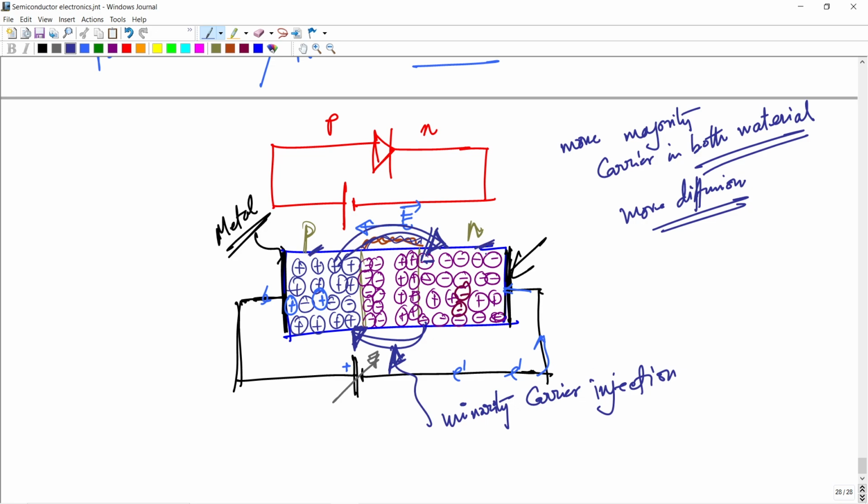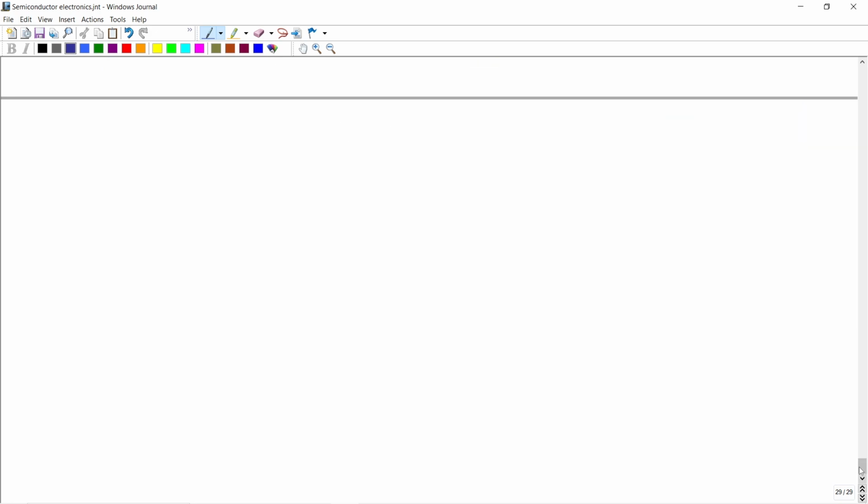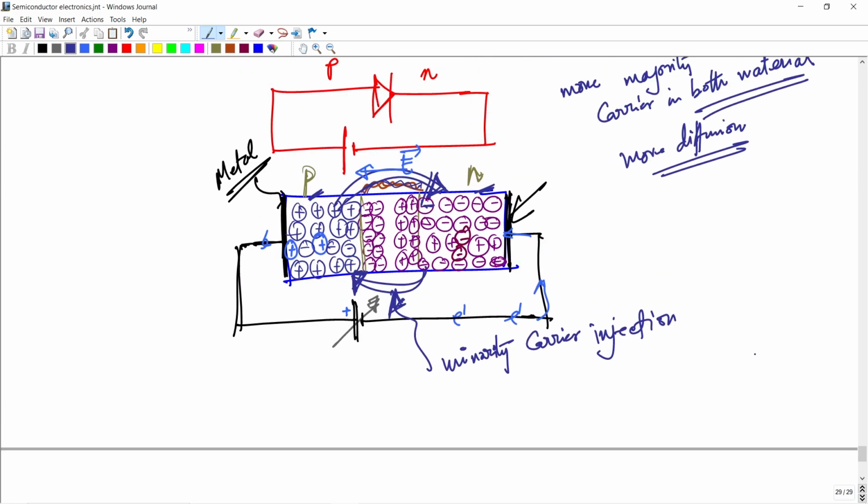Now if minority carrier injection is more, in this region, where there were negative charges, there are now more positive charges, and due to that the electric field is less.